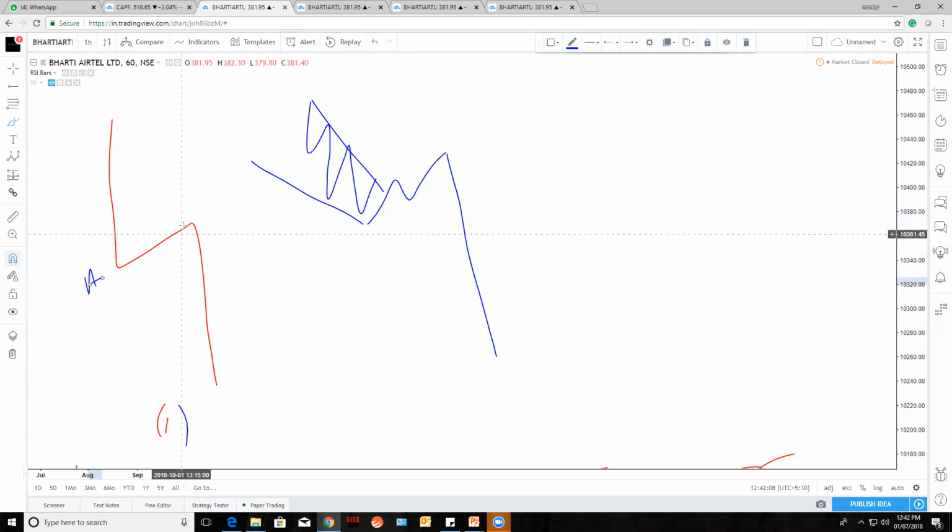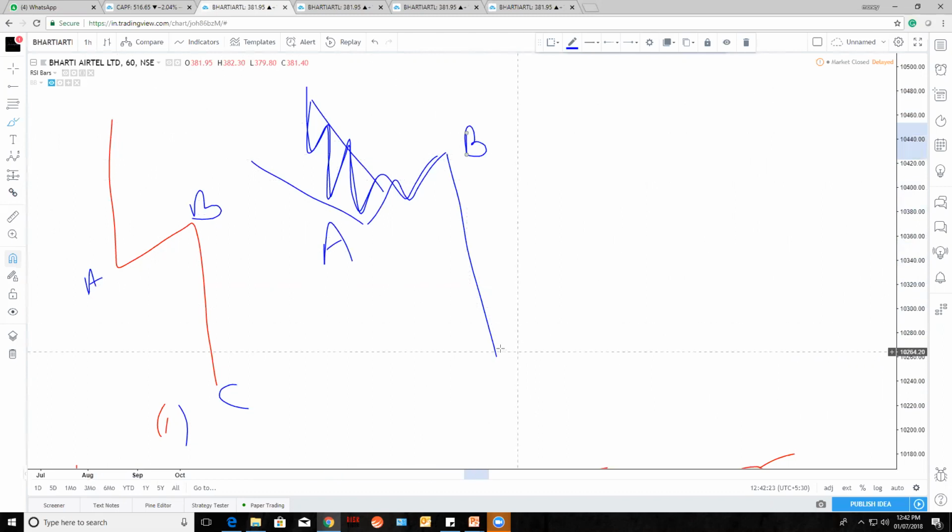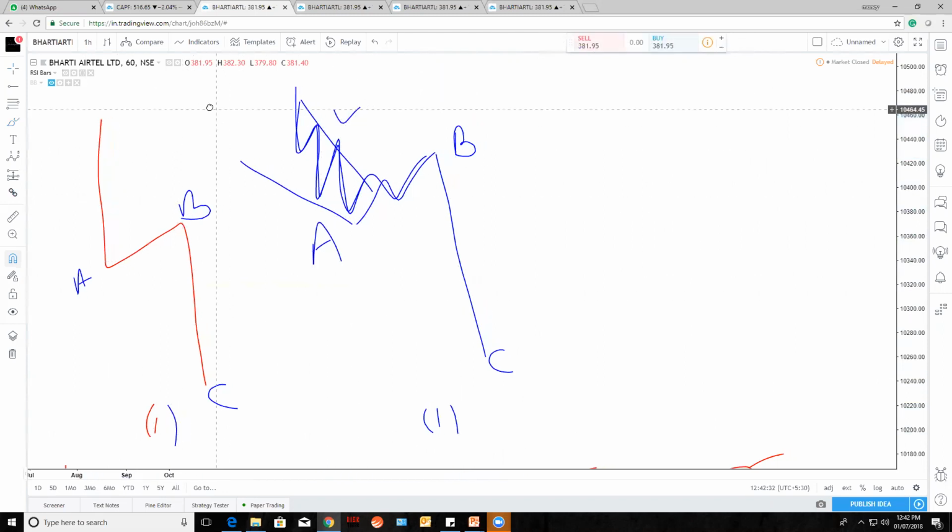See, here it's A, here it's B, here it's C. Here it's A, here it's B, here it's C. It's the second possibility. Like wave A can be a leading diagonal here.